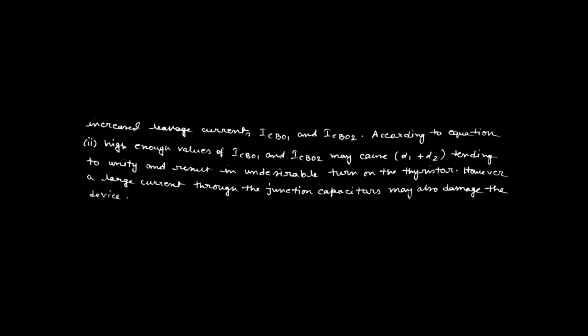So that means we cannot change the anode voltage very frequently or suddenly, as it can damage the device. That is why we increase the anode voltage gradually. Otherwise the internal leakage current of Q1 and the internal leakage current of Q2, defined by ICBO1 and ICBO2, will increase.